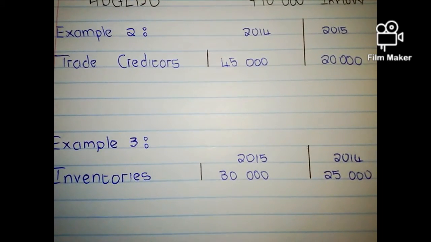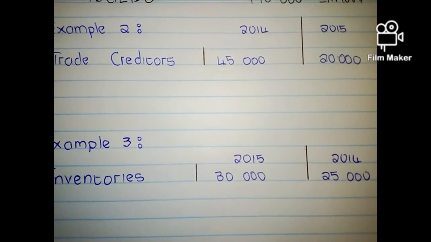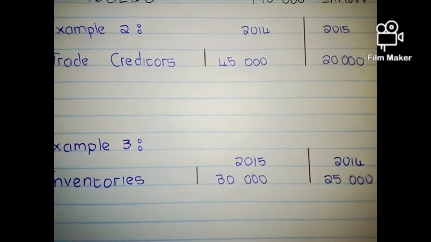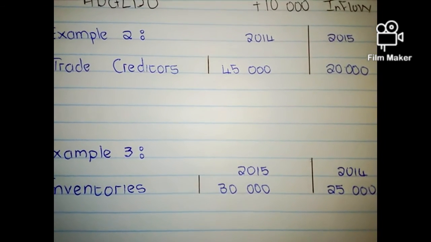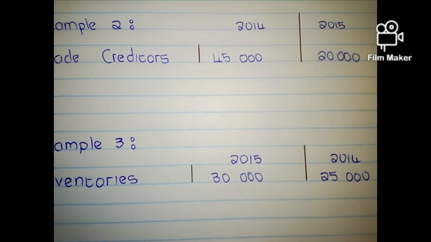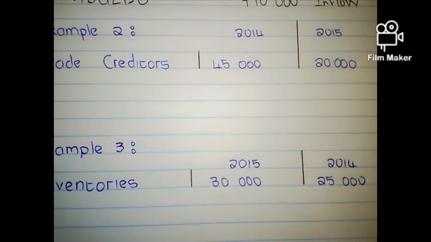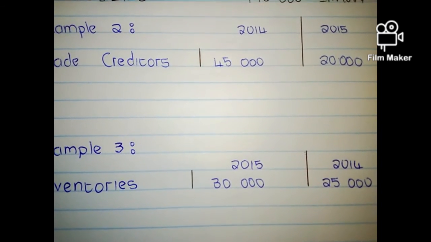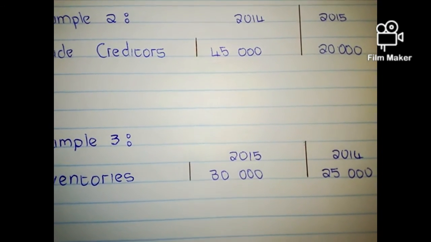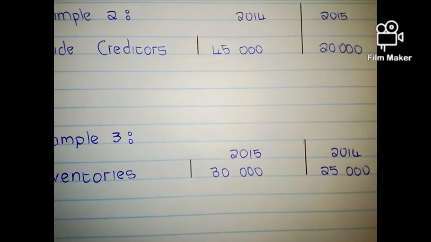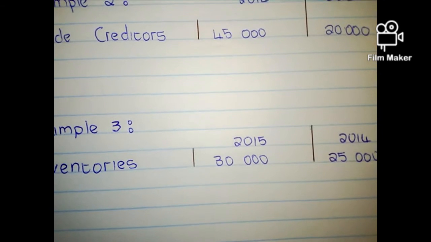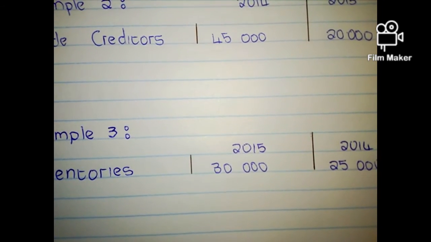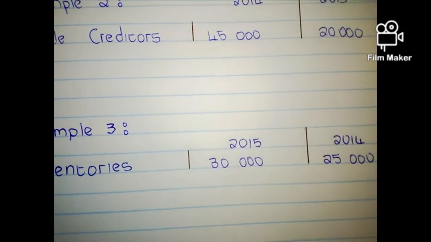Going over to the second example, our trade creditors. I'm given that my trade creditors in 2014 were 45,000, but in 2015 they were 20,000. I can clearly see that these trade creditors decreased from 2014 to 2015. Trade creditors are those people that we as a business owe money to, so initially they are a liability. Where do our liabilities decrease?